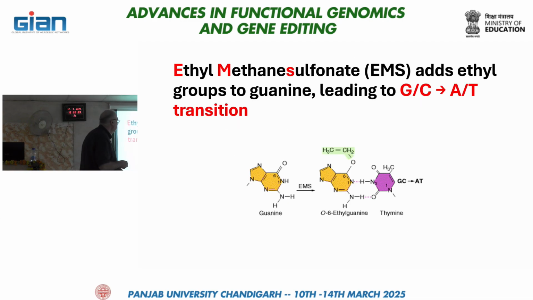It adds an ethyl group to guanine, as you can see here, and this O6-ethyl guanine can base pair not with C, but with T, thymine. So it means that if you introduce by EMS this kind of change in one position of one strand of DNA, after replication of this molecule you will have T in the complementary strand.